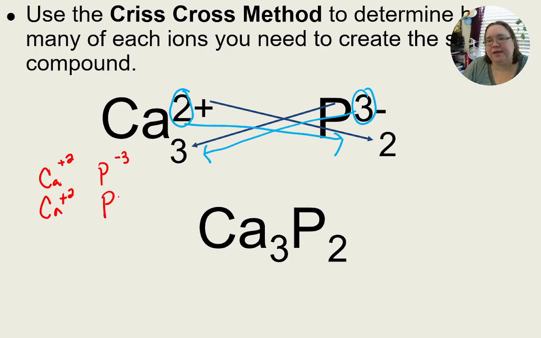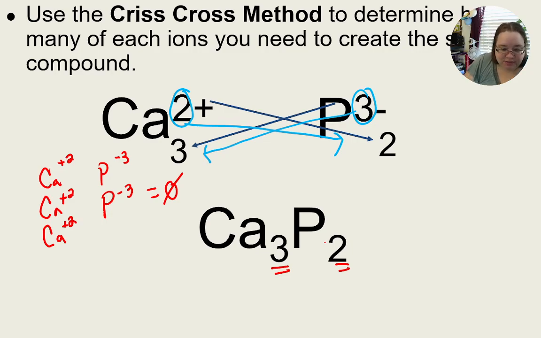So let's add another P. Well, now we're negatively charged. We've got 6 negatives, 4 positives. So let's add another positive. Now we get to the point where all of my ions add up to equal a neutral charge. This is why it takes 3 calciums to balance out 2 phosphoruses.